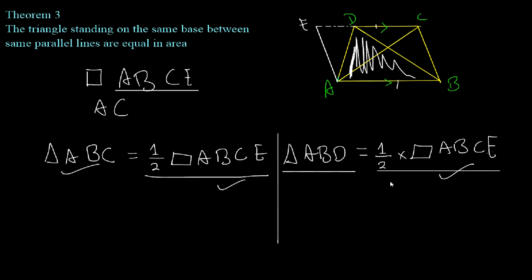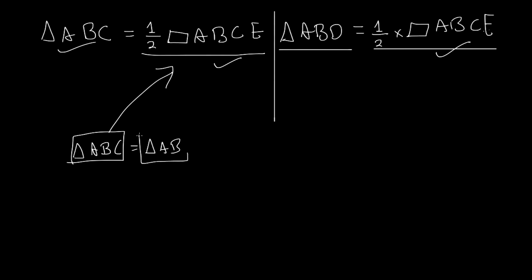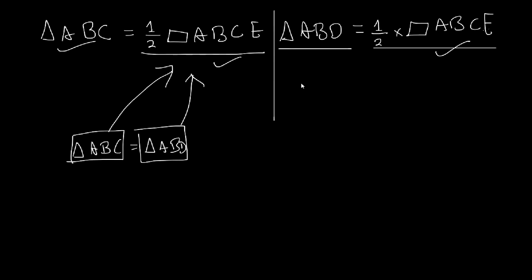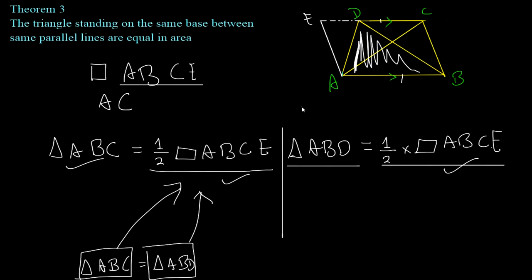If we equate these two, we get that triangle ABC is equal to triangle ABD, because the area of triangle ABC is half the area of ABCE, and the area of triangle ABD is also half of ABCE. So indirectly the area of triangle ABC is equal to triangle ABD. So we have proved theorem 3, which states that triangles standing on the same base between the same parallel lines are equal in area.